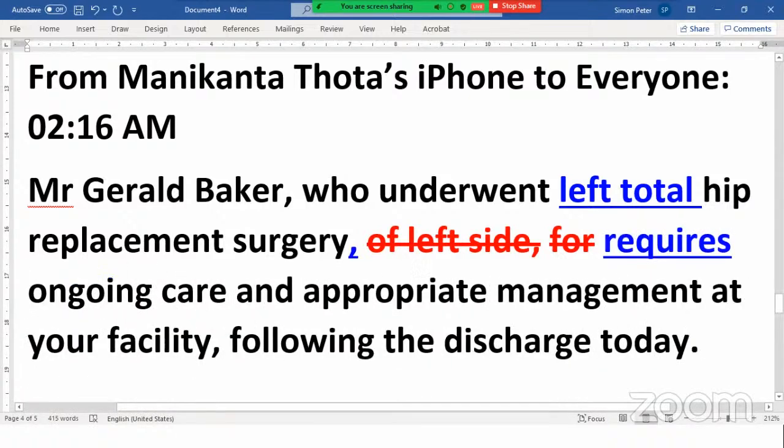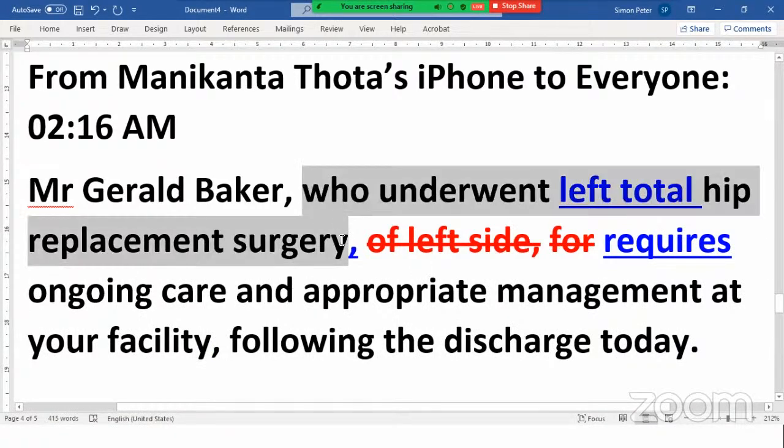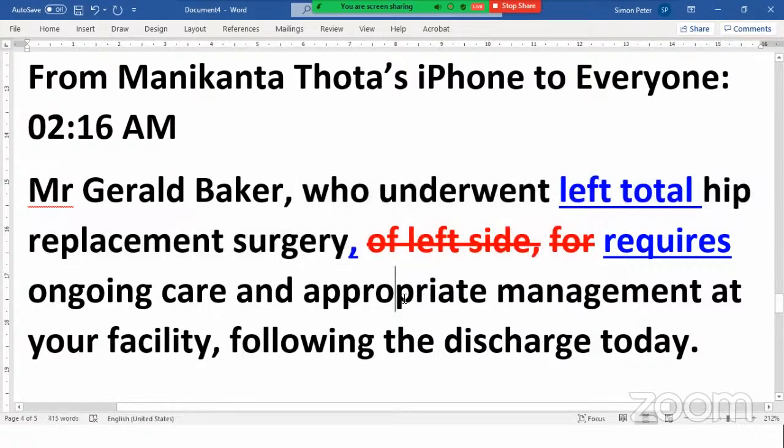That is a continuation. For example, if you remove all these things, before the comma and after the comma together make: Mr. Gerald Baker requires ongoing care and appropriate management at your facility following the discharge today. Very good.